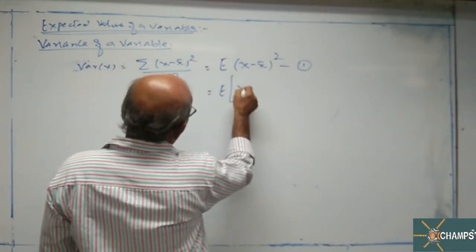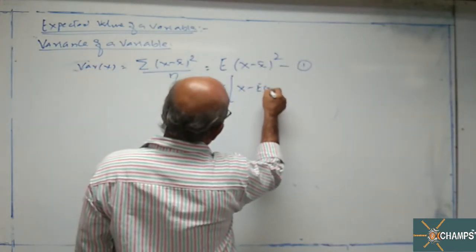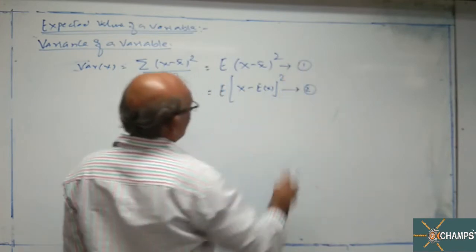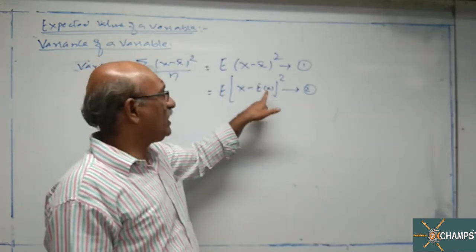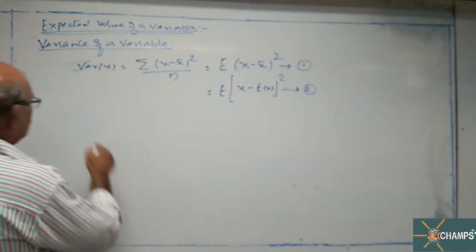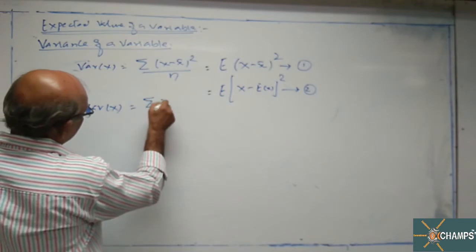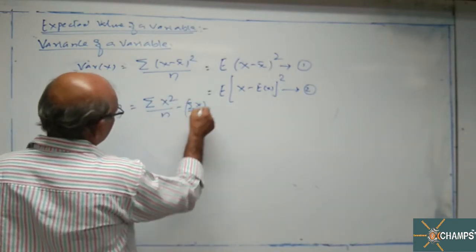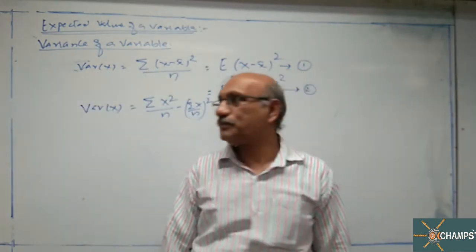Now, inside the brackets, x bar can be replaced with E of x. Variance of x can also be written in this manner.